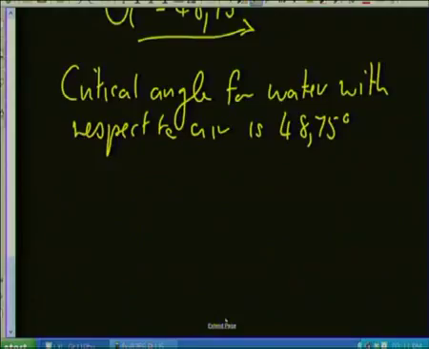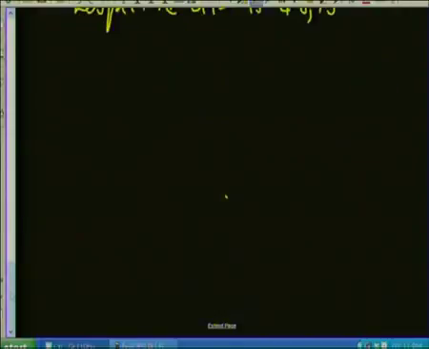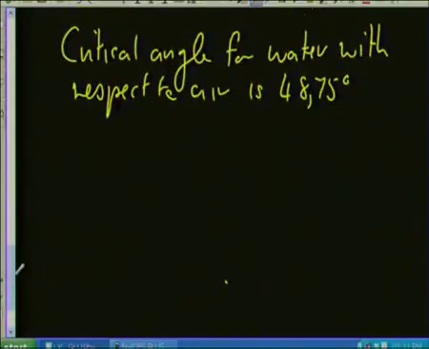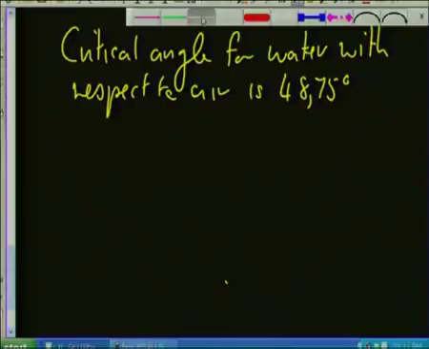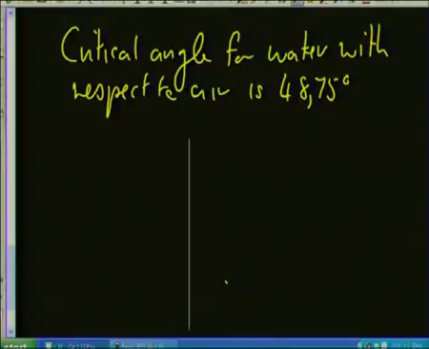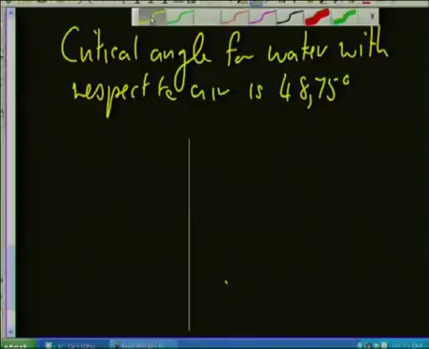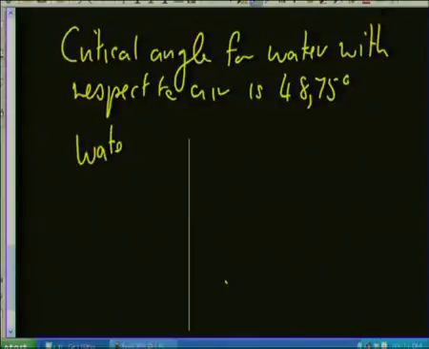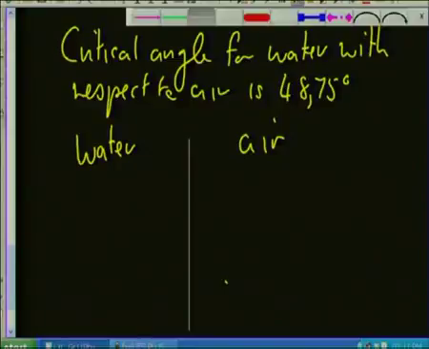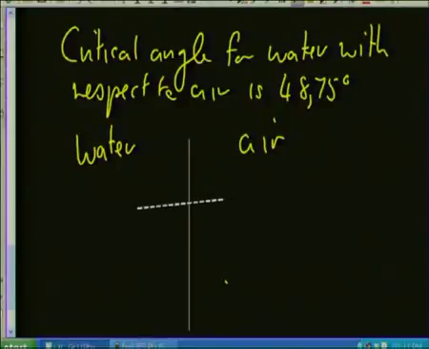Well, let's just do a couple of drawings so that you've got it very clear. If I have my interface here, and if I have water on the left, and I have air on the right, and I'm going to put in a couple of normals here, just to give you the 3 cases.